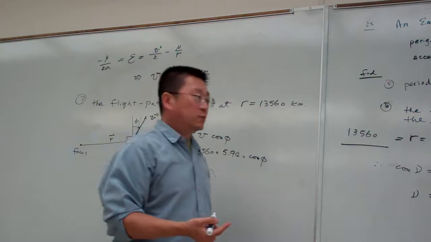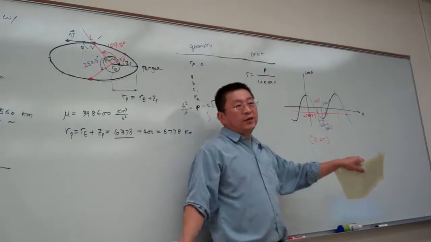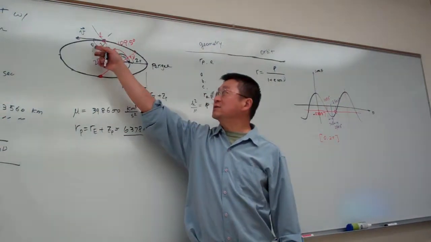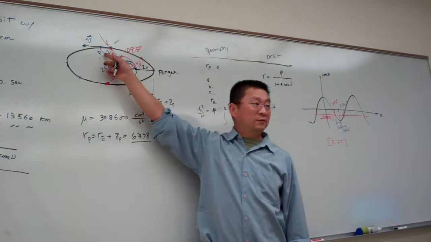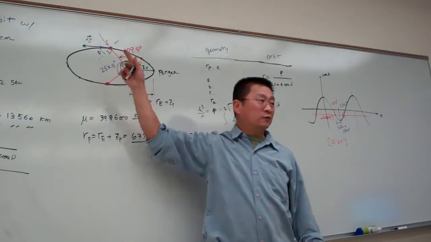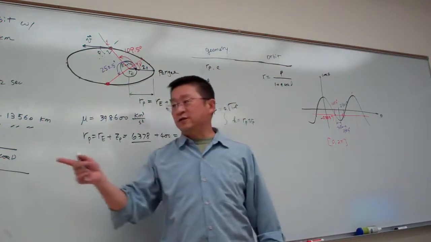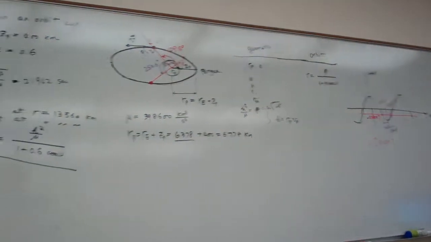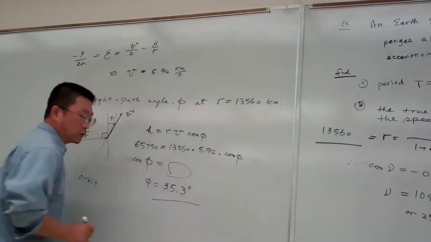Back to our similar process, with the inverse cosine we expect two numbers. But again, from my analysis of this drawing, we expect a positive value. Whatever trigonometry you do, for two possible values here, we only pick one. So that is 35.3 degrees. You don't need to give me two.